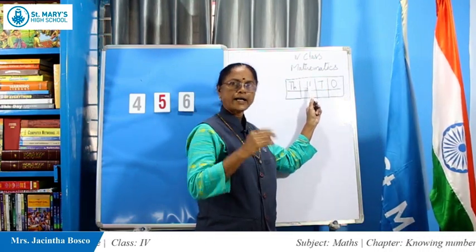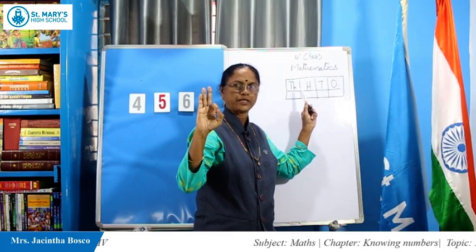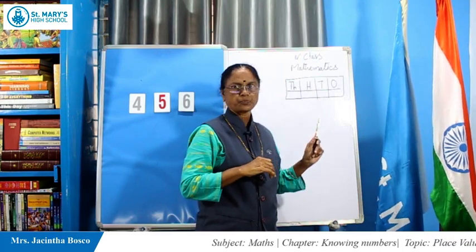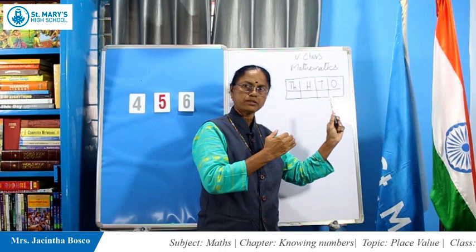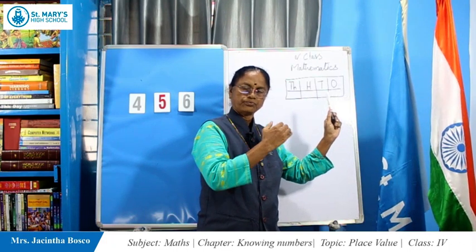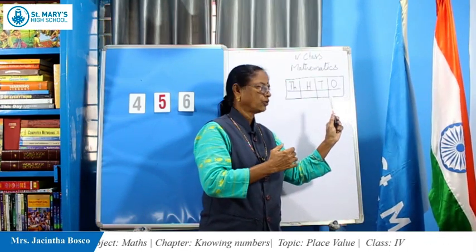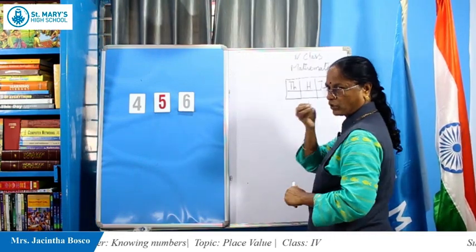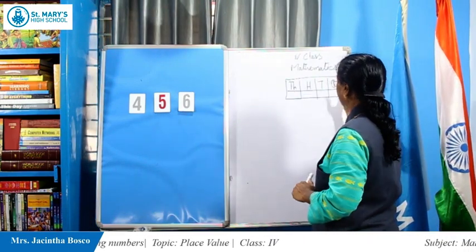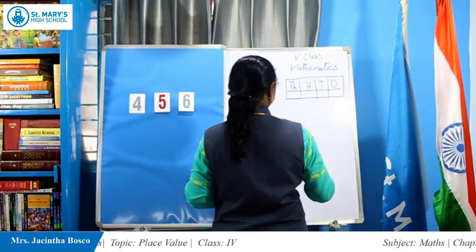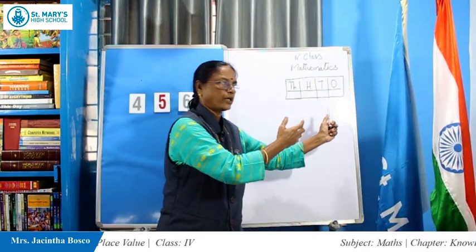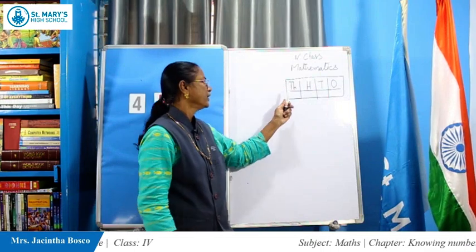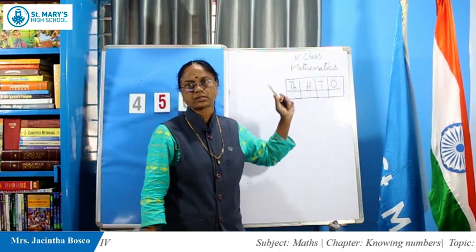Then the third place is the hundreds place. You have to read the number and find the place values from your right hand to left. And the fourth place is 1000.